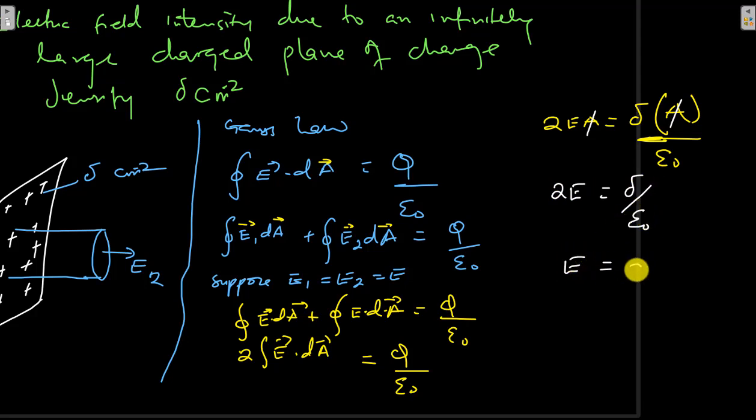Our electric field intensity is going to be sigma divided by 2 epsilon naught. So this is the electric field intensity due to a charged infinitely large plane. We could also find the electric field intensity due to parallel plates, which perhaps we'll do.